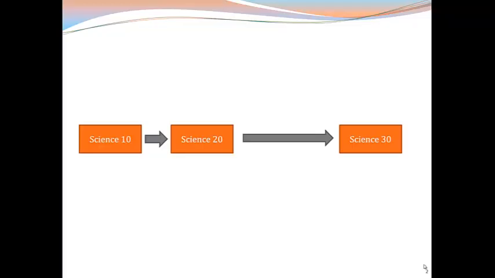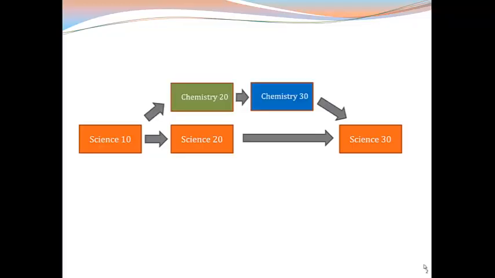However, Science 30 has evolved over the years, and because post-secondary institutions are now accepting Science 30 for many of their programs, we see students coming from all different areas coming into Science 30.